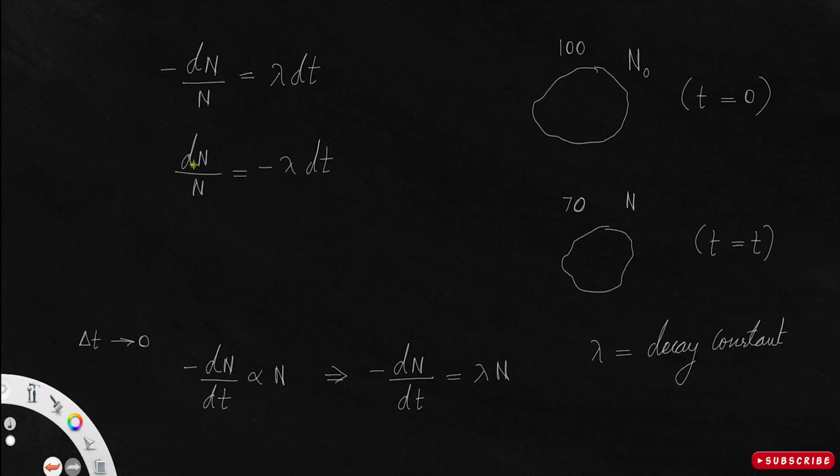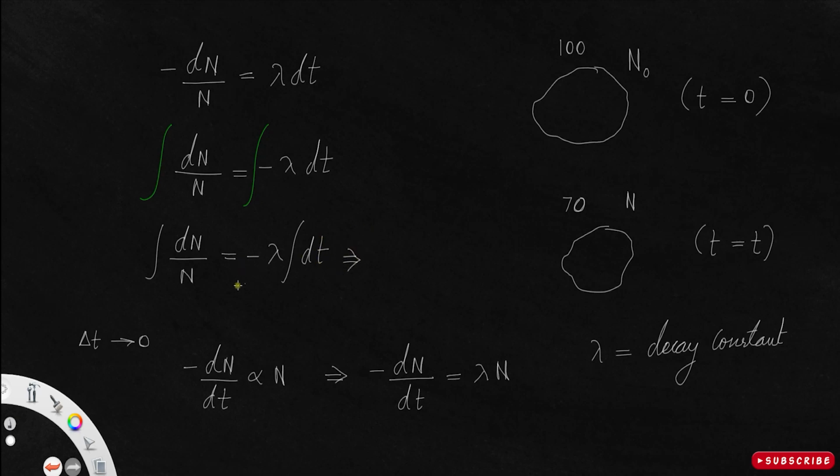Now in order to remove this d, I'm integrating both the sides. Since minus lambda is a constant, I can take that out: integral of dn by n is equal to minus lambda into integral of dt.